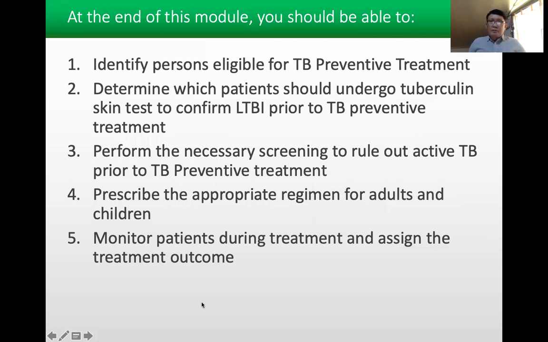At the end of these modules, you'll be able to identify persons eligible for preventive treatment. Not all persons are eligible for TB preventive treatment, so there is a need for us to really identify them. Also, we should determine which patients should undergo TST to confirm LTBI prior to TB preventive treatment.